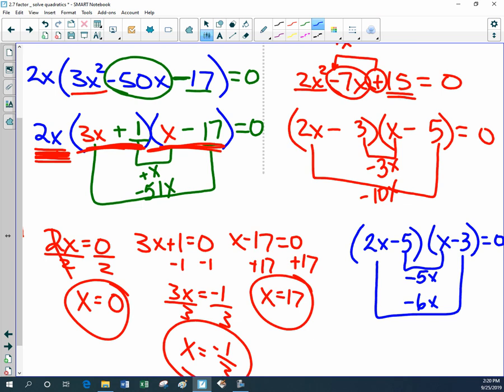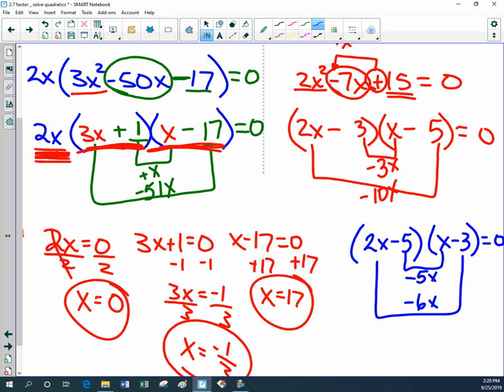In the interest of time and space, if I plug 1 and 15 in either combination, that's still not going to work. So in this particular problem, we can't factor it, which means there's no real number solution.